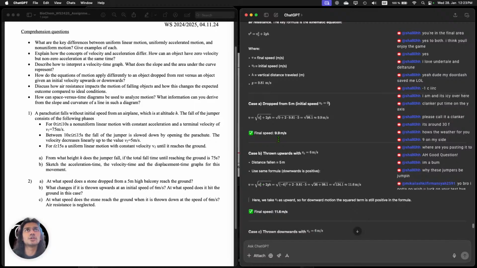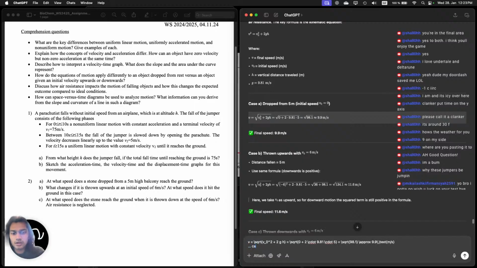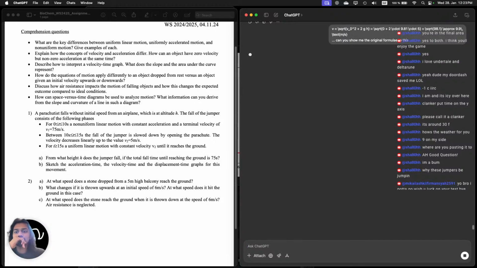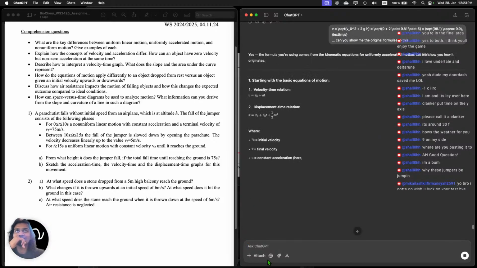Can you show me the original formula? v is equal to v0 plus at. Final velocity in constant acceleration, v is equal to v0 plus at. I need to remember that.